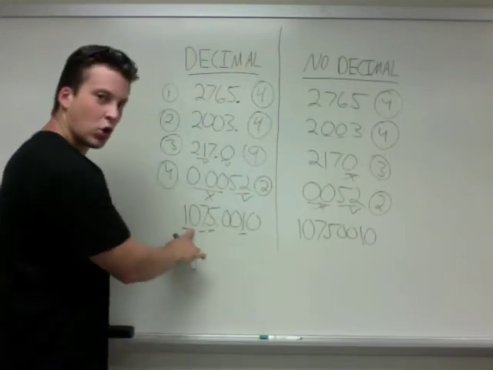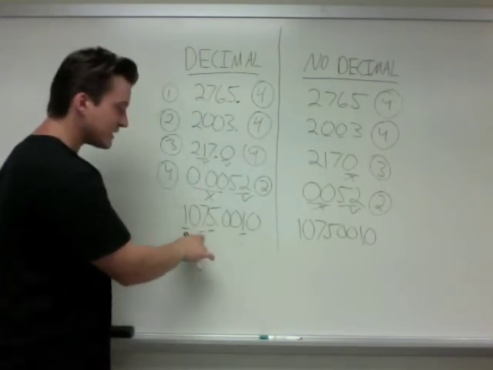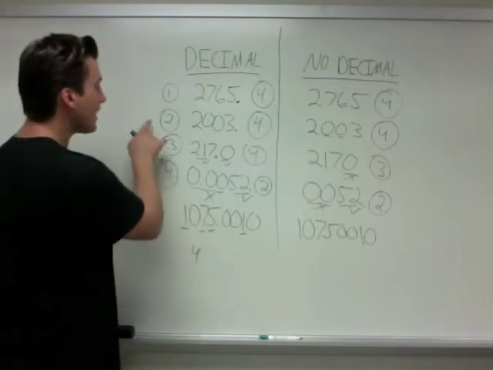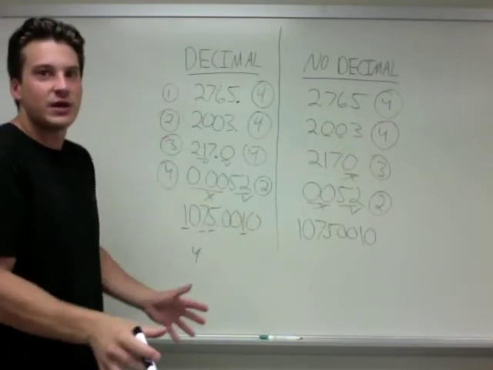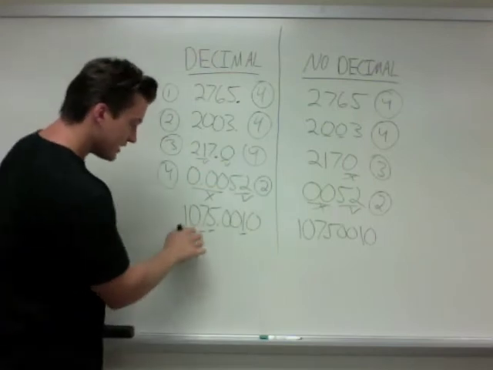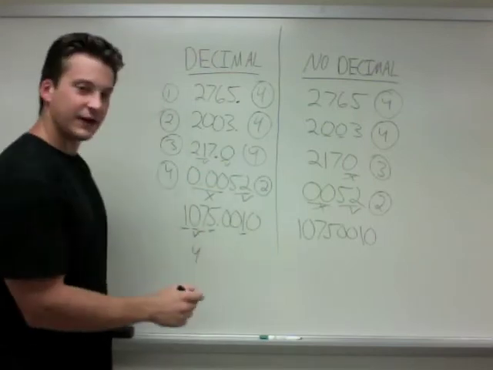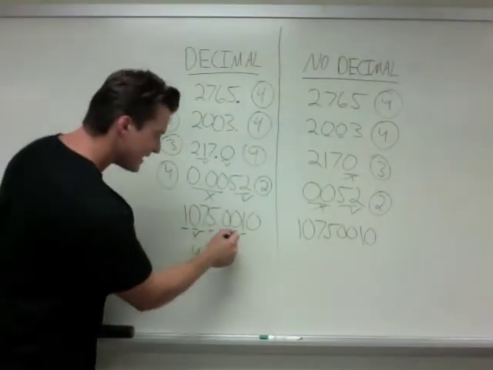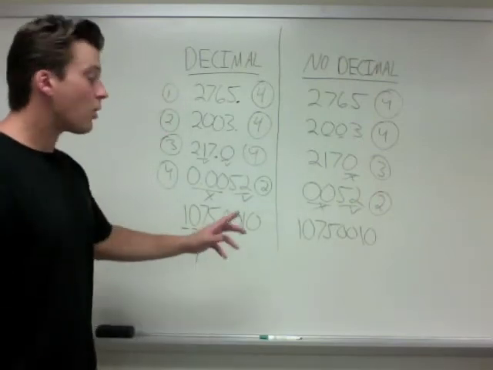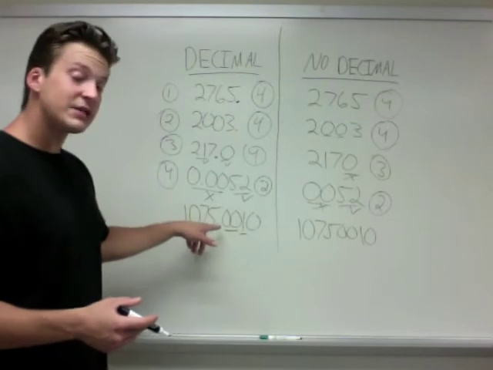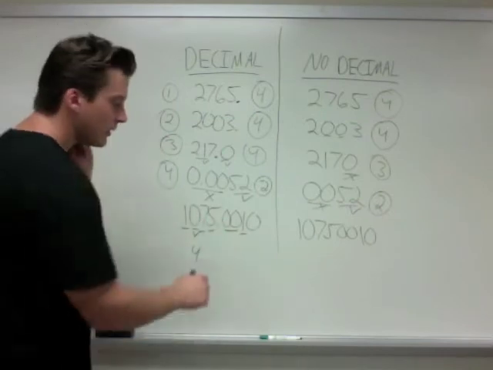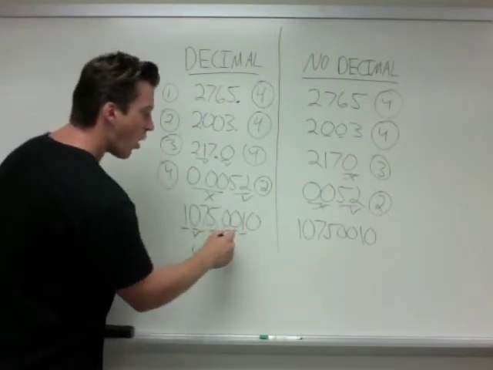Here I have a 0 caught in between 2 non-zero digits. Going back to rule number 2, those zeros are significant, whether there is a decimal or not. So this 0 is significant. How about these zeros? Those zeros are also contained within the 5 and the 1. Even though there is a decimal present here, that doesn't matter. Therefore, these zeros are significant.